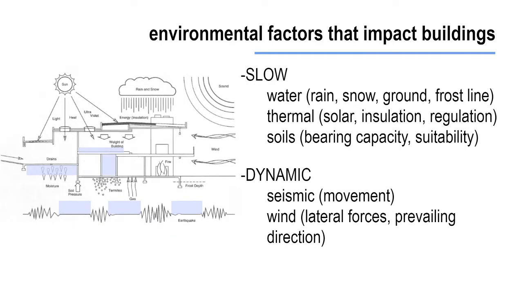So our environment has impact on our building in two different forms. We have slow impacts, and then we have dynamic ones that happen instantaneously. So we have environmental factors that are slowly weathering away and causing damage to our building from the moment we start construction.